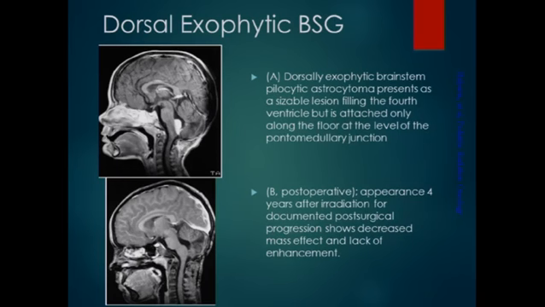Okay, there are other tumors here. This is called a dorsal exophytic brainstem glioma, and I've never actually really seen one. But these pilocytic astrocytomas can be sizable masses filling the fourth ventricle, attached only to the floor here at the pontomedullary junction, and these can be very indolent.